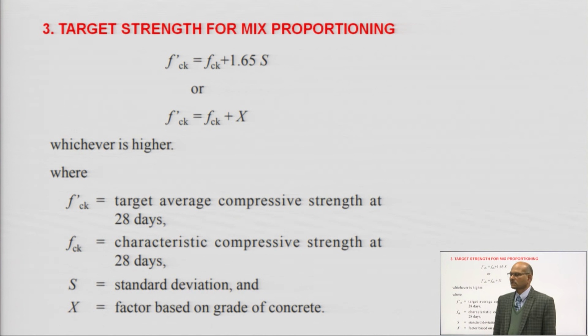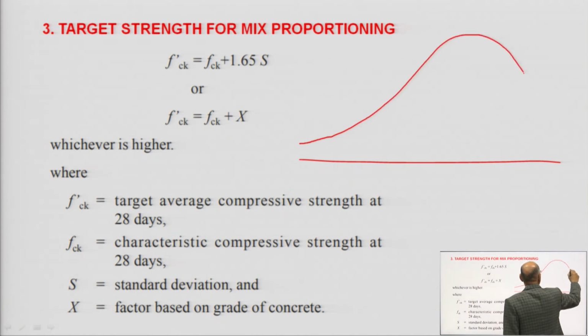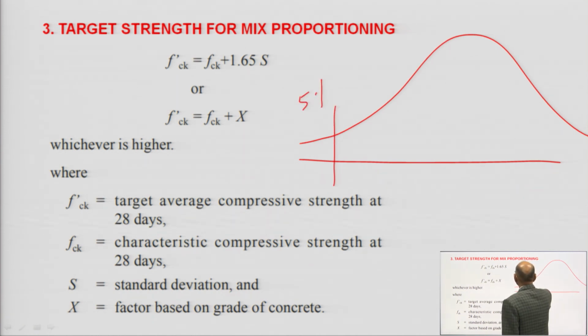The target strength depends on the quality of the contractor, because we design this, if you see this curve here. Up to 5% of values we can allow to be less than the characteristic strength.